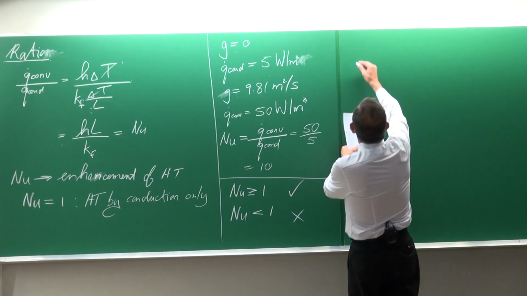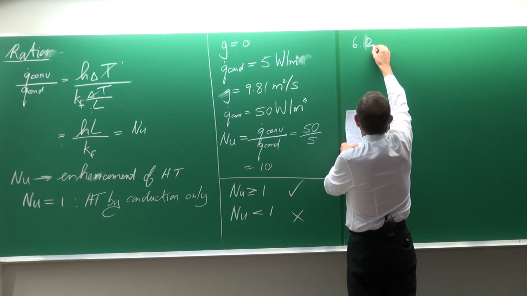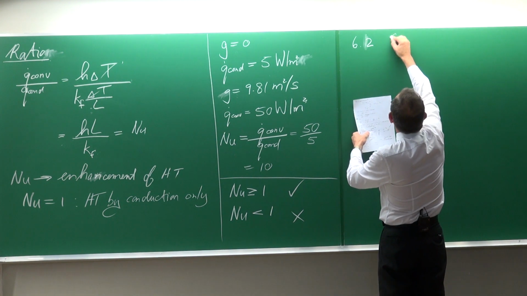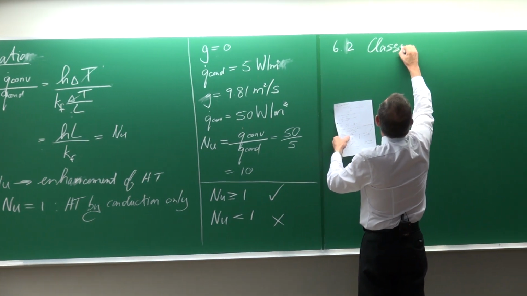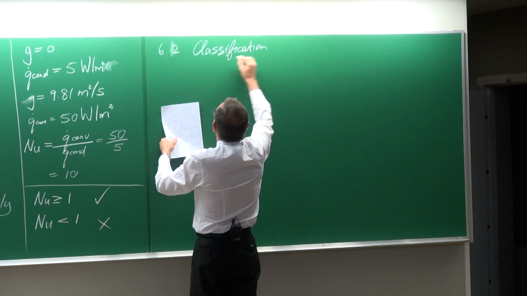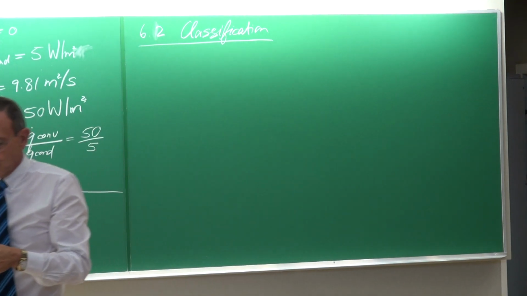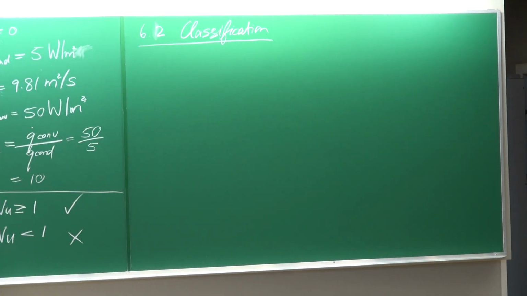Right, that is paragraph 6.1. Paragraph 6.2 is classification. The classification or the characterization of fluid flow. Classification of fluid flow, and all of this you've done already last year.